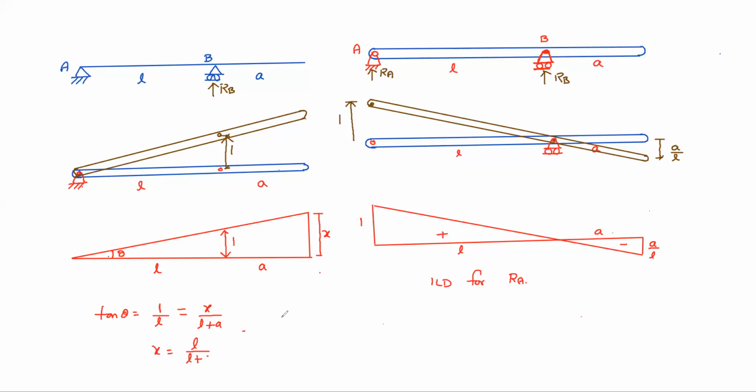X equal to L plus A by L, which equals 1 plus A by L. So this value is 1 plus A by L. Okay, X is 1 plus A by L. That is the ordinate. Okay, this is the ILD for RB.